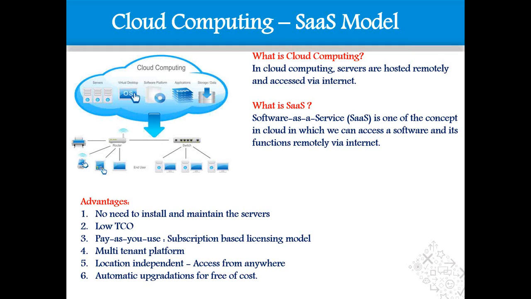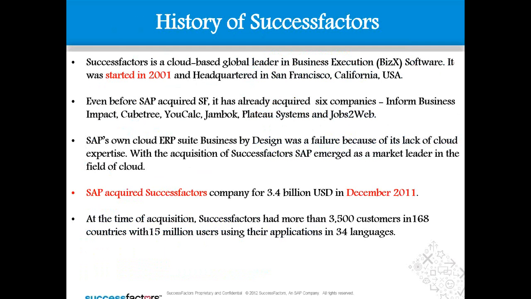This is location independent, that is, we can access from anywhere provided we have the internet connection. And the upgradations would be free of cost and they would be automatic.